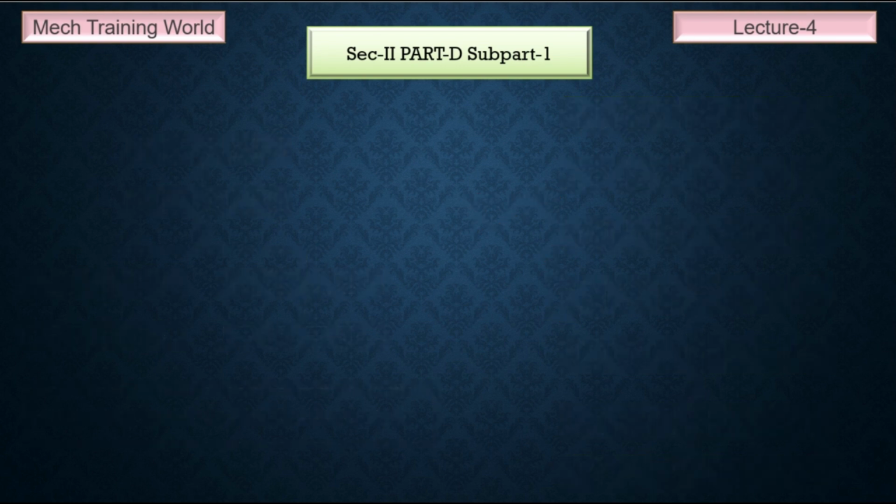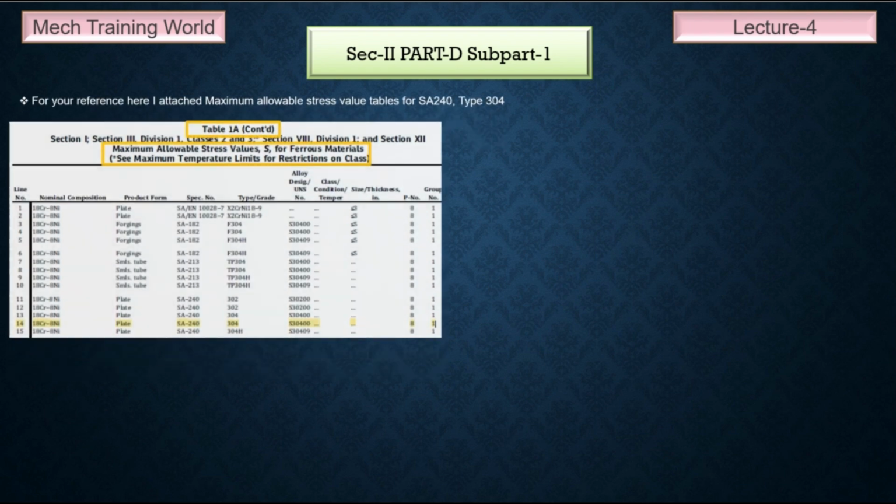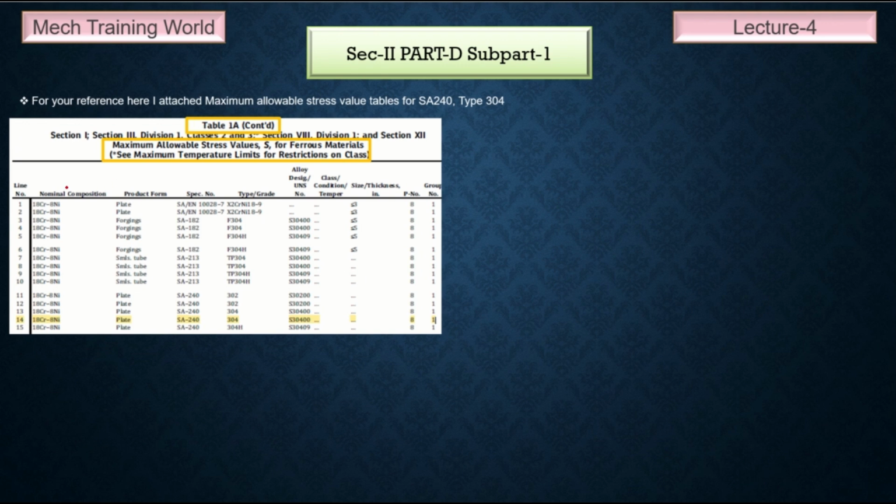So let's see. Here I provided you one example like SA240 type 304. If you open table 1A, you will find nominal composition, that is chemical composition, like how much carbon steel or whatever the steel, and you will find product form, that is plate, tube, or seamless pipe, or a welded pipe.